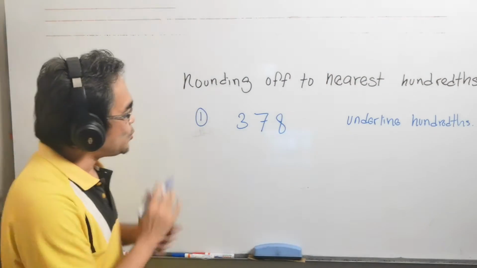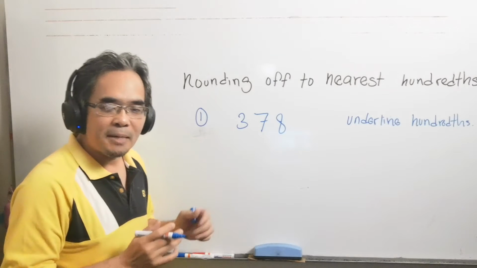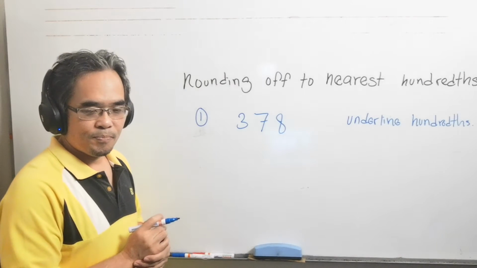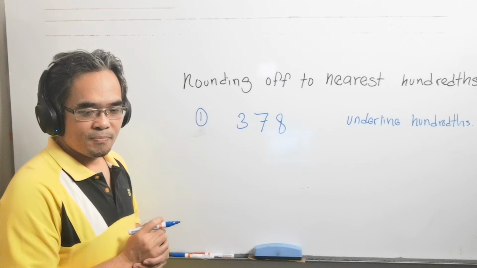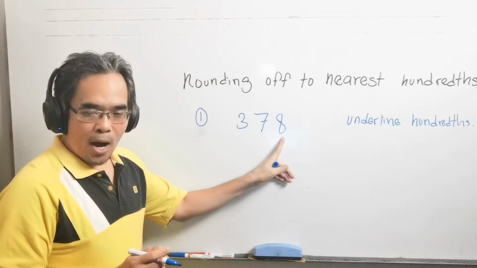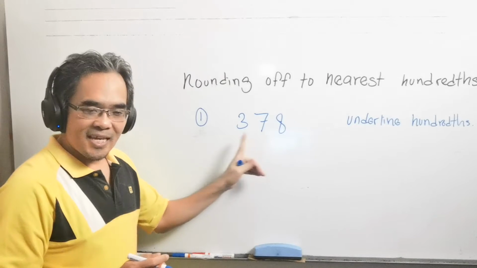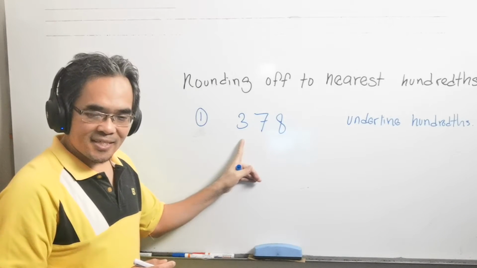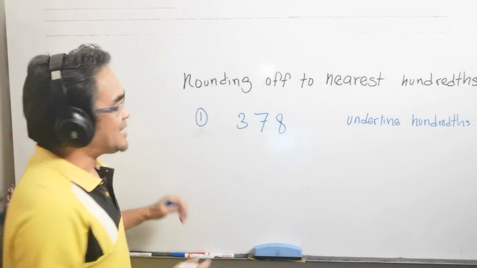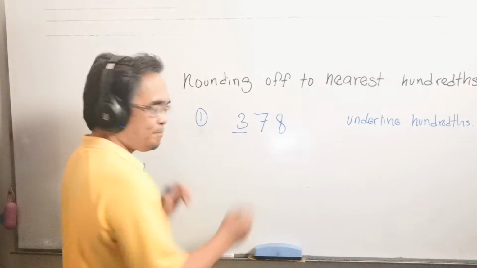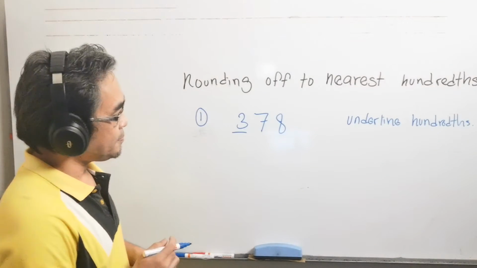Which of the numbers represents hundreds? This is ones. This is tens. This is hundreds. Okay? So 3 is hundreds. So underline that.